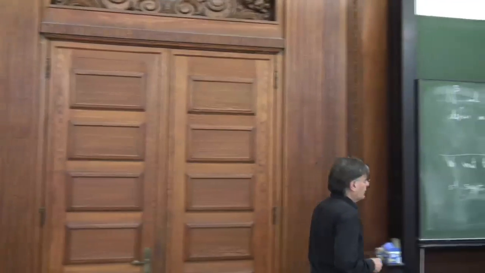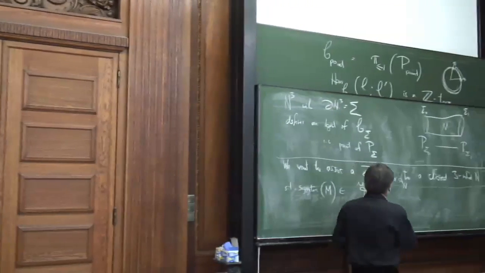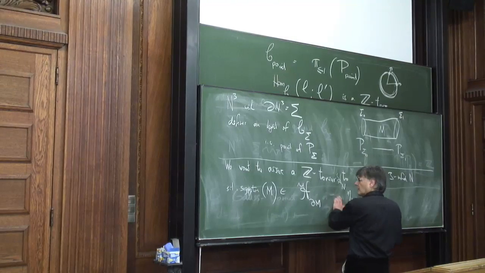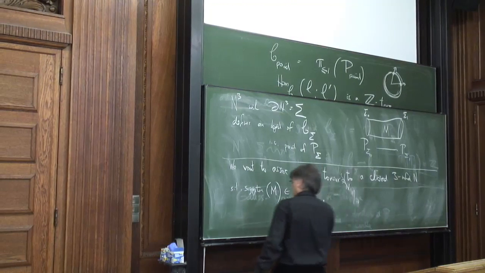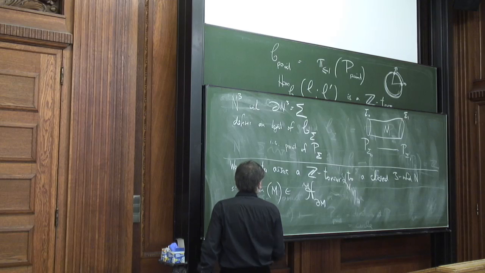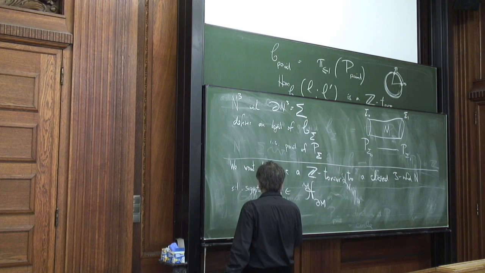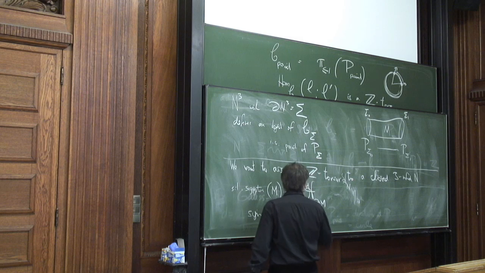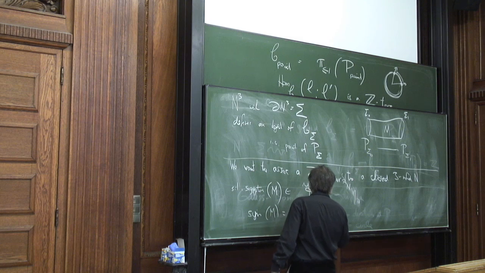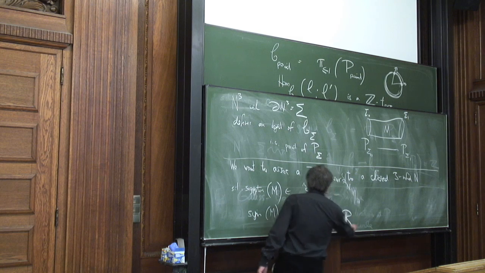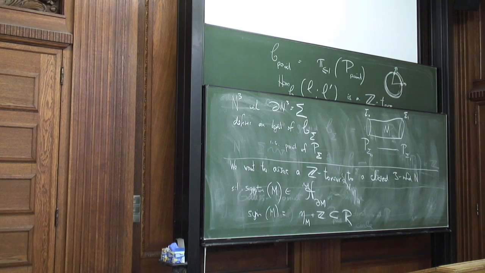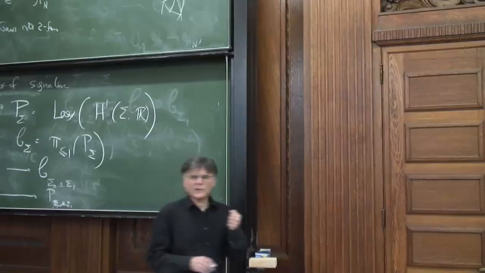The thing that we want to do is that this invariant will be the eta invariant of M plus Z inside the real numbers. The eta invariant is some number, which for the moment doesn't concern us, but it's a real number which we associate to a closed three-manifold.